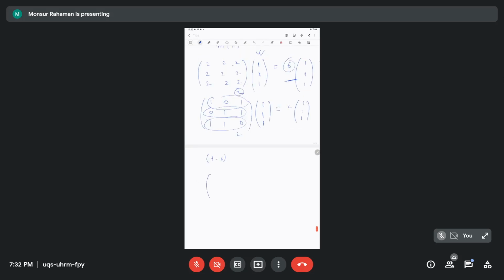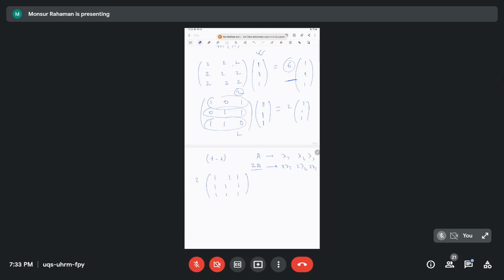This is a matrix 1 1 1 1 1 1 1 1 1. Okay, so I have already told, if A has eigenvalues, whatever it is, lambda 1, lambda 2 and lambda 3 suppose, then 2A has eigenvalues, it is like a polynomial, 2 lambda 1, 2 lambda 2 and 2 lambda 3.